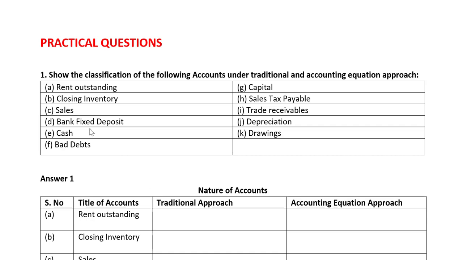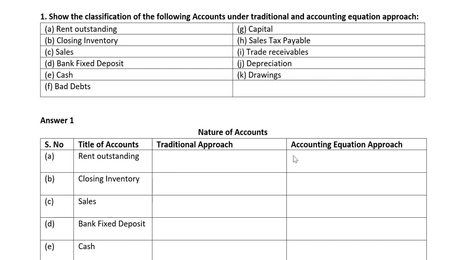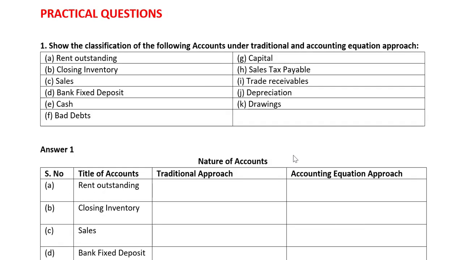So the first is rent outstanding, then we have closing inventory, sales, bank fixed deposits, cash, bad debt, capital, sales tax payable, trade receivable, depreciation, and drawings. Let's try to solve it.